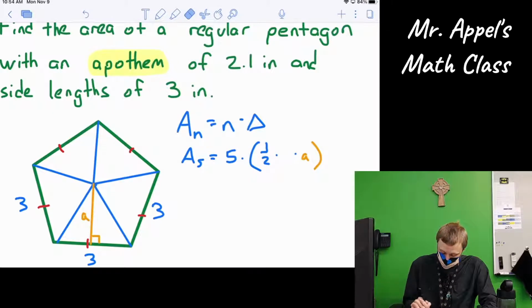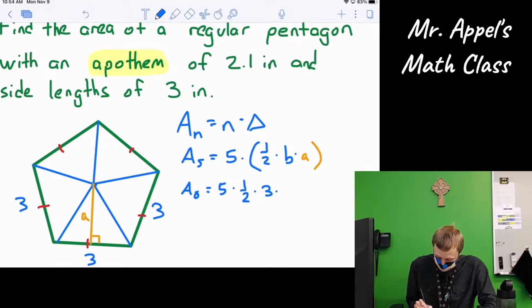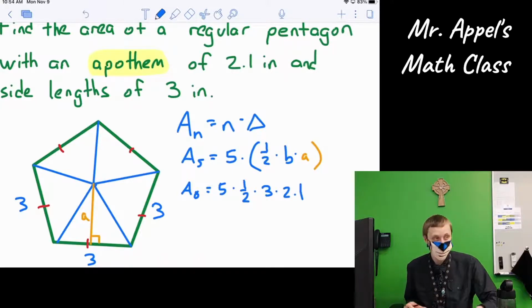Let me go back to the formula version. We'll rewrite this. In this case, we have 3 times apothem 2.1.